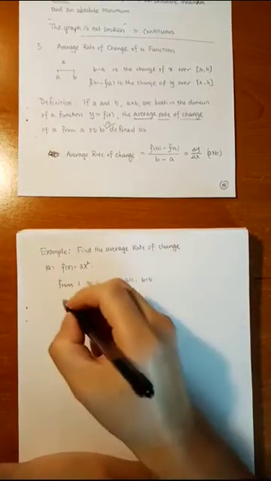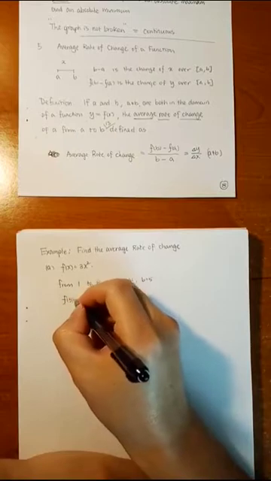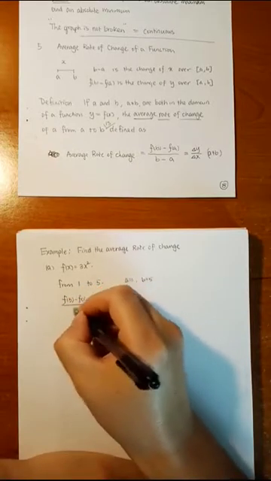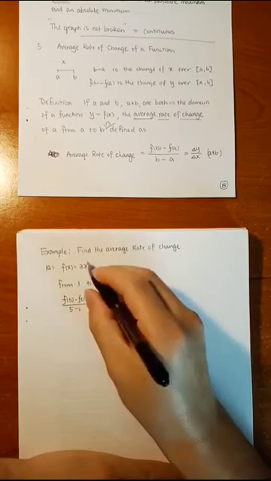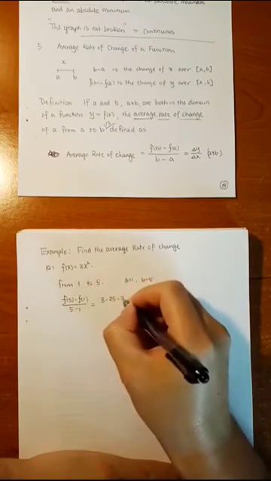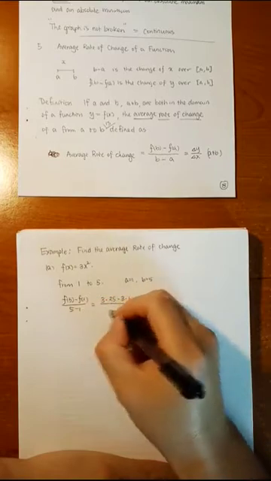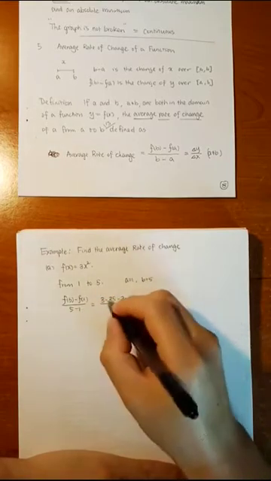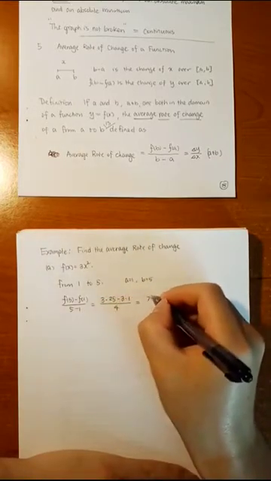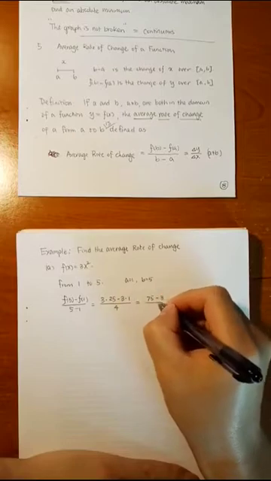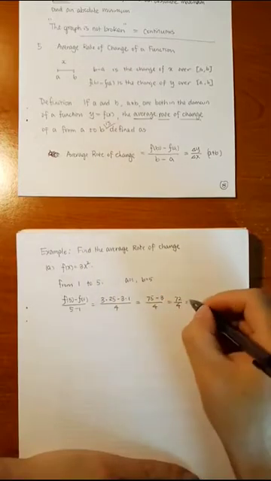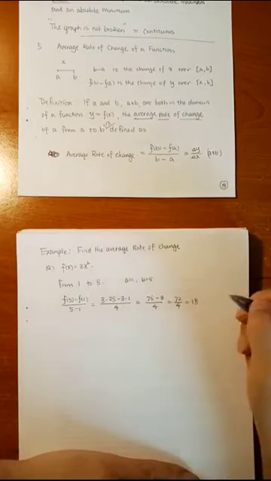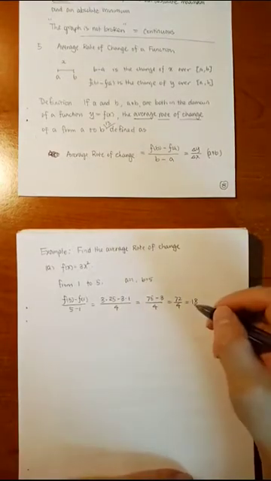The average rate of change is f(5) minus f(1) over 5 minus 1. f(5) is 3 times 5 squared, 25. f(1) is 3 times 1. 5 minus 1 is 4. 3 times 25 is 75. 3 times 1 is 3. So it's 72 over 4, which is 18. So the rate of change is 18.